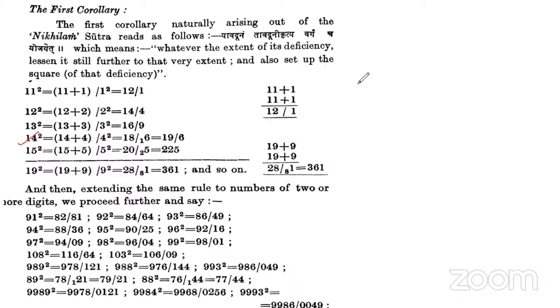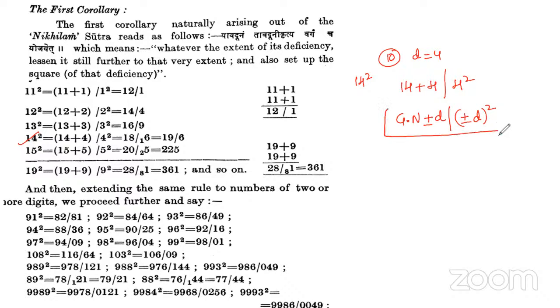Suppose 14 square is there. 14 square is nearest to base 10. So the deviation is positive 4. So 14 plus deviation and the deviation square. What is the formula? Given number plus or minus deviation, plus or minus deviation square. This is the square of the given number.